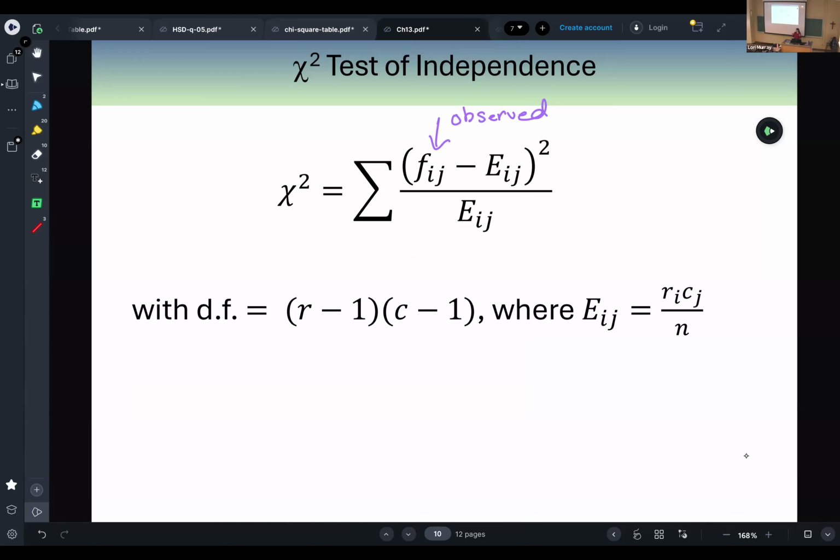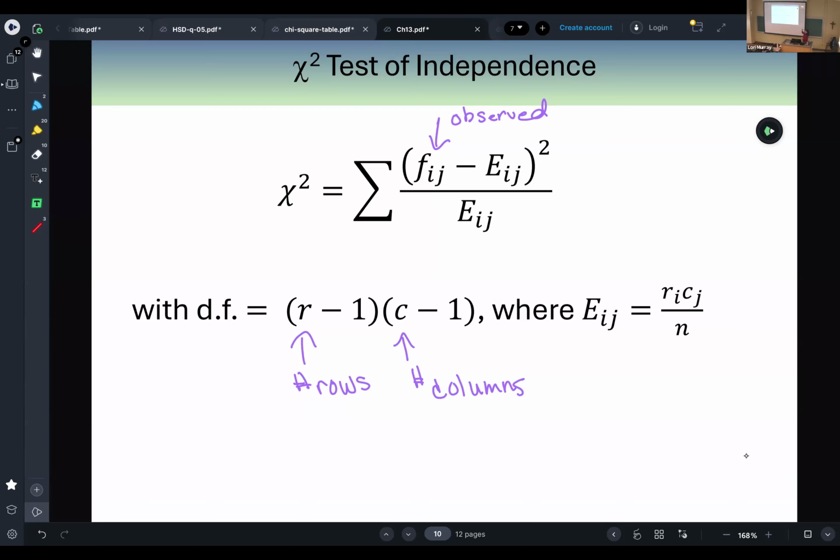So the observed frequency, subtract the expected, that's the capital E, divide by E. With degrees of freedom, because we have a 2-way table, R is the number of rows and C is the number of columns. So R minus 1 multiplied by C minus 1 is the degrees of freedom.